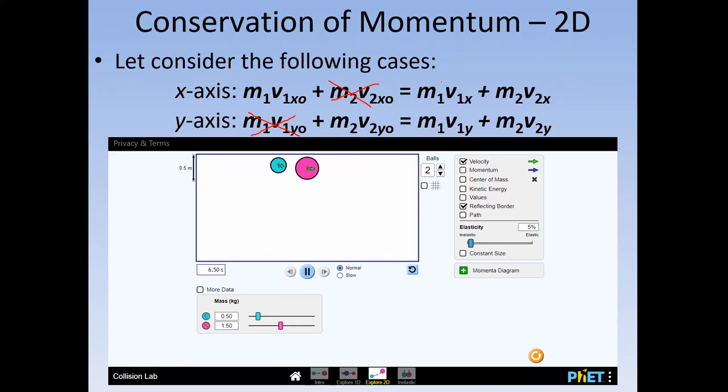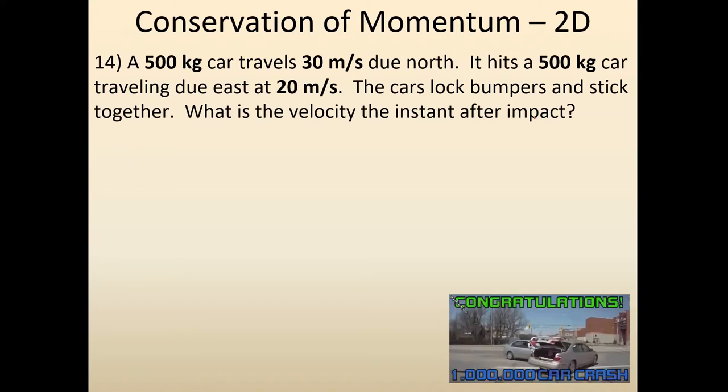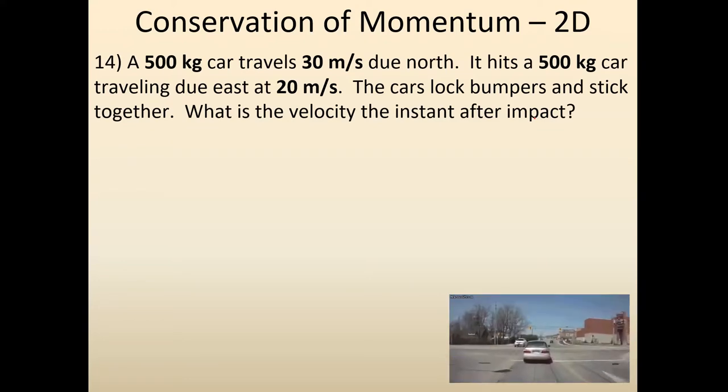So these terms will combine so that it's m1 plus m2 times v2x and m1 plus m2 times vy. So again, there's a bunch of different ways that they could set up this conservation of momentum in 2 dimensions to make life a little bit easier for you. So we'll do a little practice question. Work on this yourself, pause the video, and we'll go over it in a second.